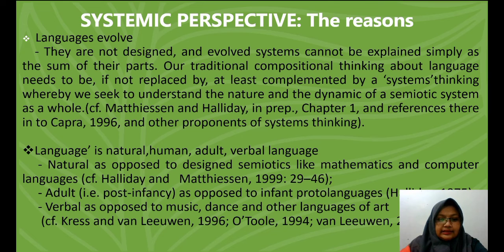Adult means as opposed to infant proto-languages. And verbal is as opposed to music, dance, and other languages of the arts. It is based on Kress and van Leeuwen, 1996, and O'Toole, 1994. Also van Leeuwen.